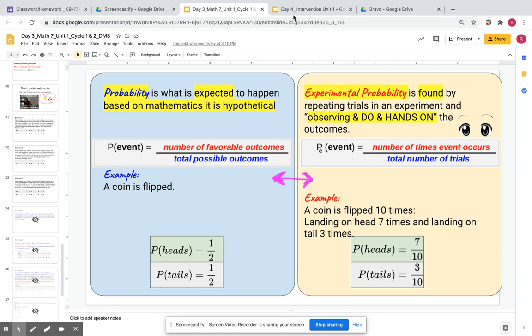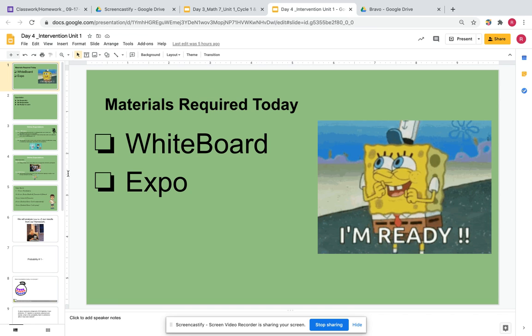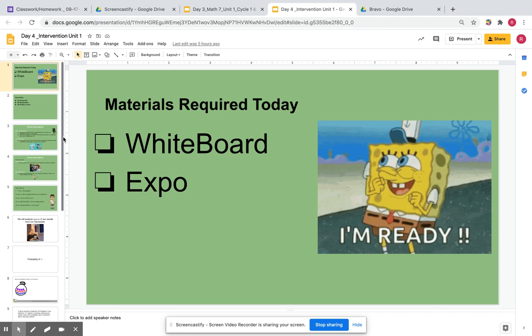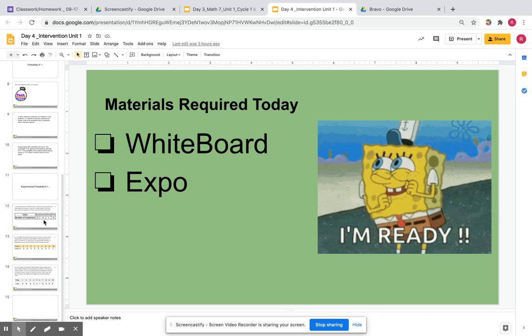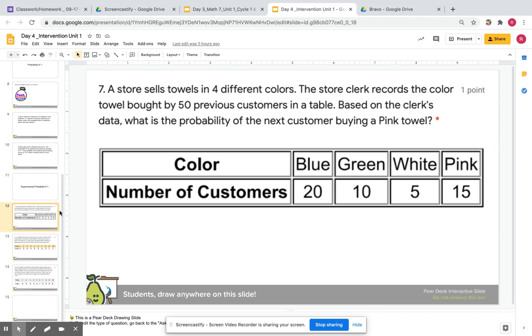Okay, let's look at an example. In this example, we're going to focus on using a chart to find the experimental probability. Let's read this together. A store sells towels in four different colors.